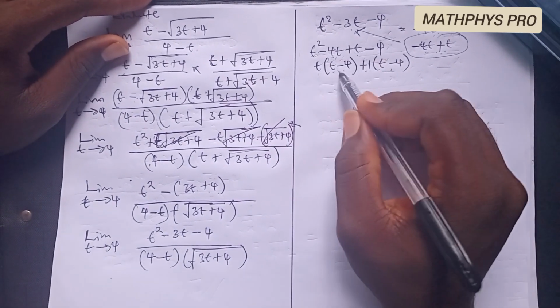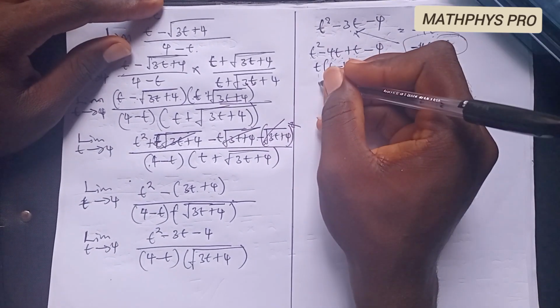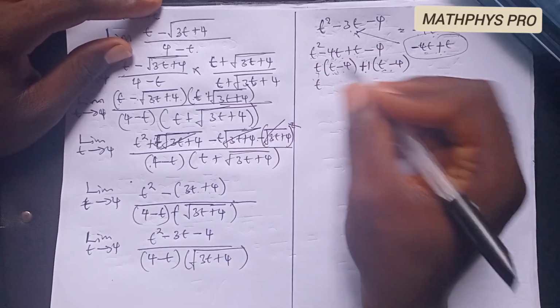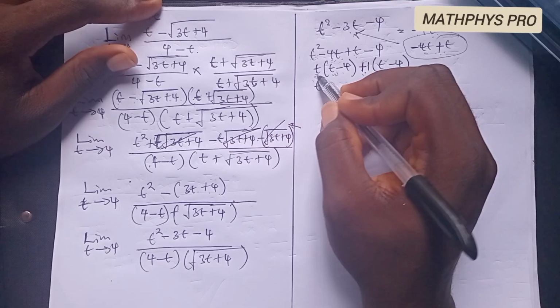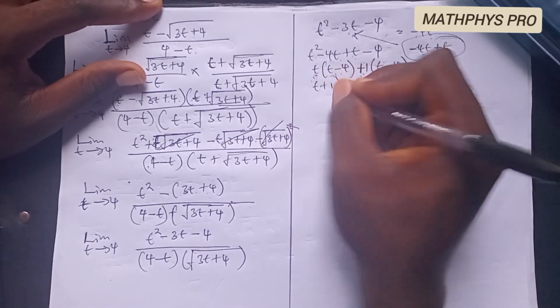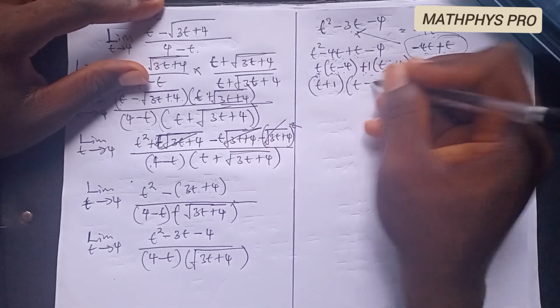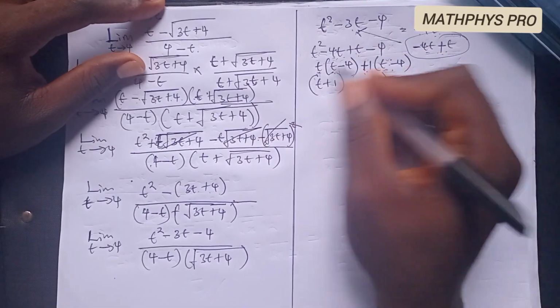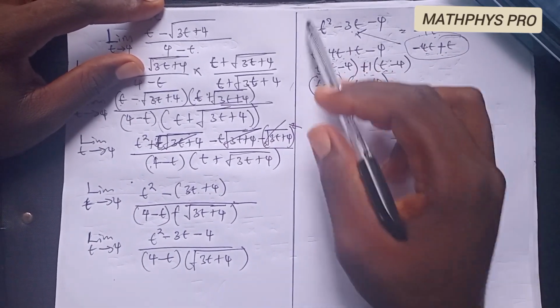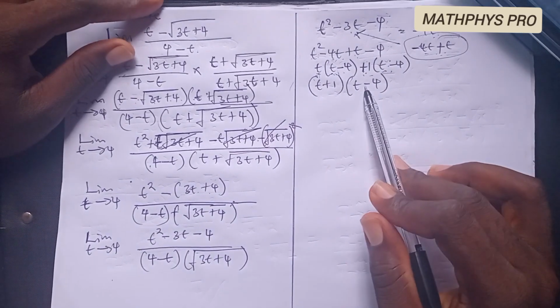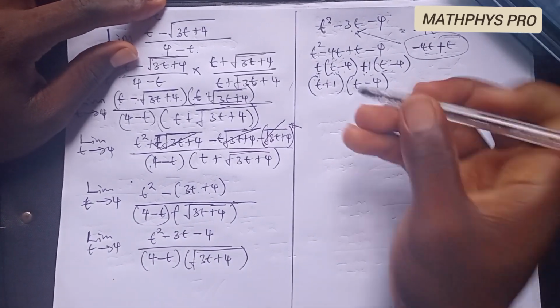Since these two terms are the same, we make them one. We take t and plus 1 as the terms outside, and t minus 4 is the common factor. So these are the factors of this. We use the factors now to replace it.